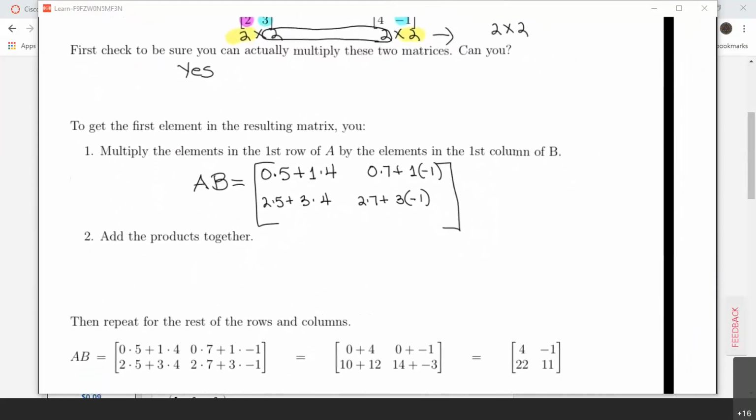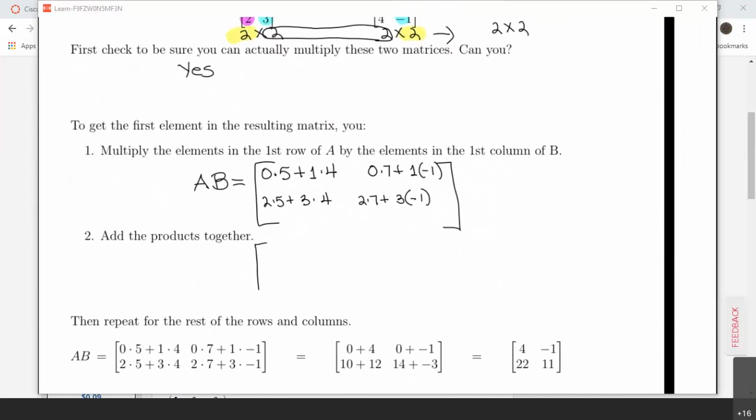I realize they wanted you to just do the first entry, but now they're saying add the products together. So 0 times 5 is 0, plus 1 times 4 is 4. So this would be a 4. This is 2 times 5 is 10, plus 3 times 4 is 12.